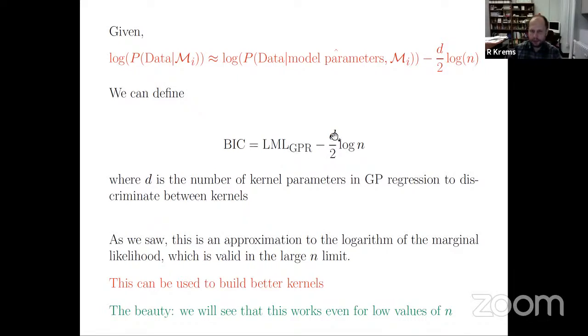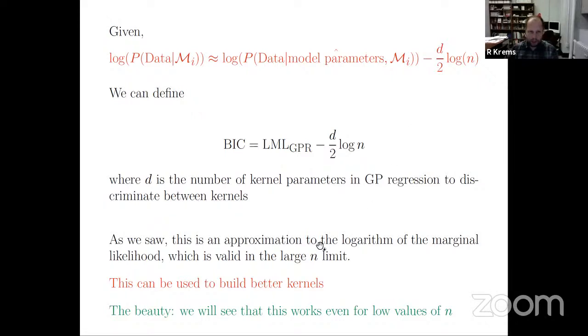Then if we add simply this quantity here, where D is the number of free parameters, the number of hyperparameters in the kernel function, we have a metric that is equivalent to basically the full marginal likelihood for a Gaussian process. And we can try to use it to discriminate between models with different kernels.